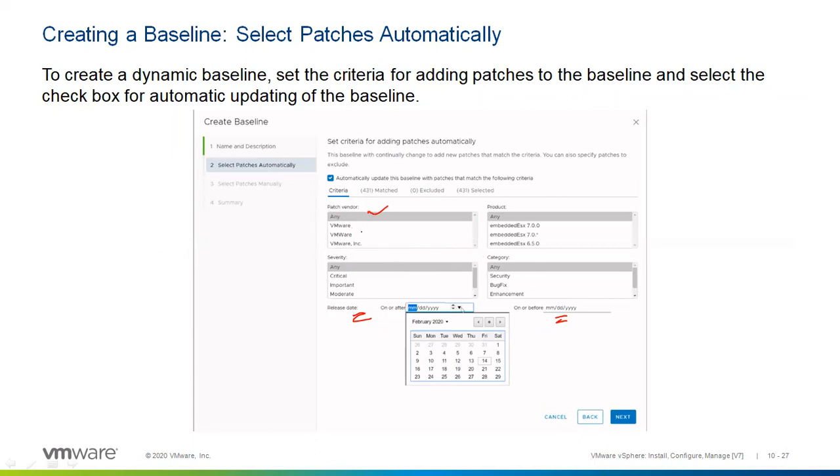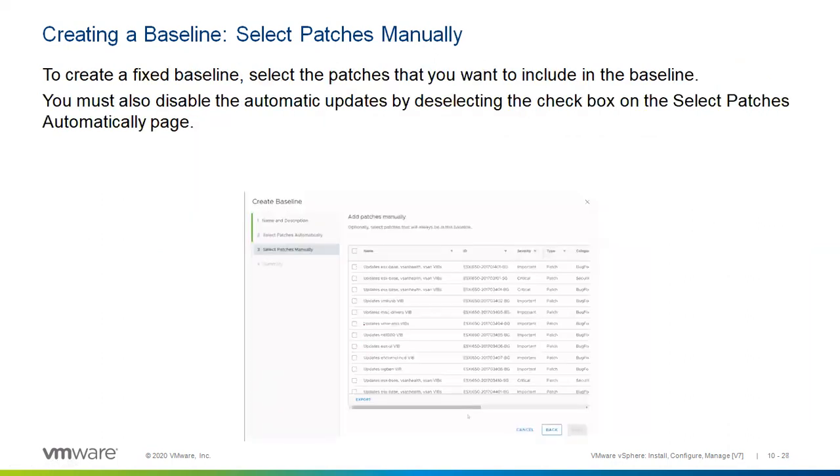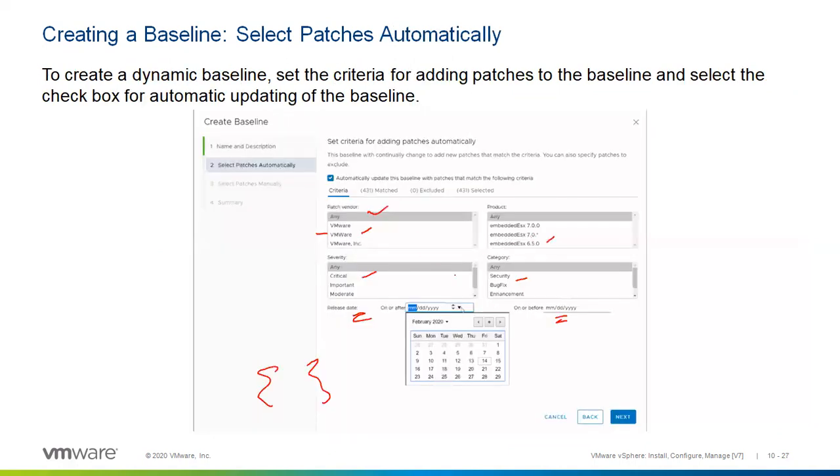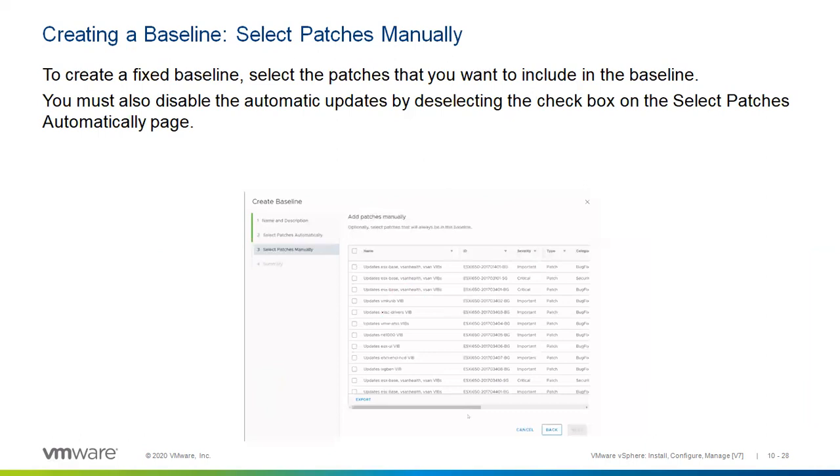But if you select something specific, for example VMware embedded ESX 6.6 critical security patch only, it's your choice, and you can define the timeline. Whatever selection you have made, all the patches in that timeline will be bundled in this baseline. These are the list of patches for the parameters you selected. If you want to select all, click next, or if you want only specific ones, just select those only.